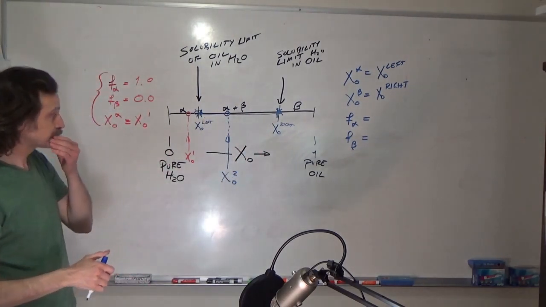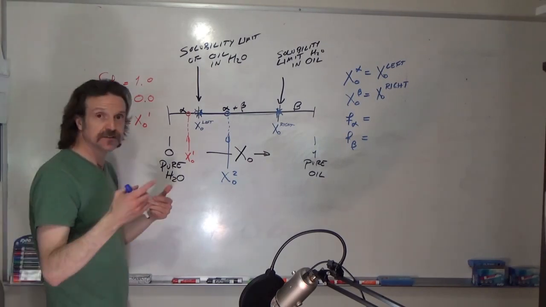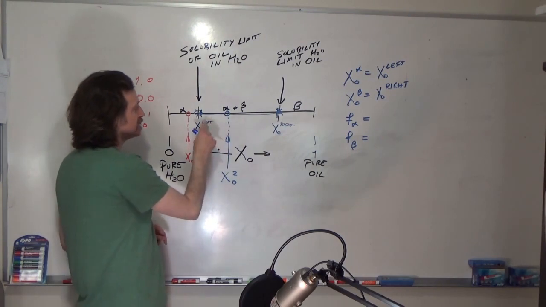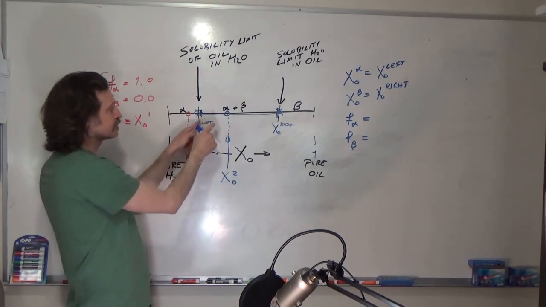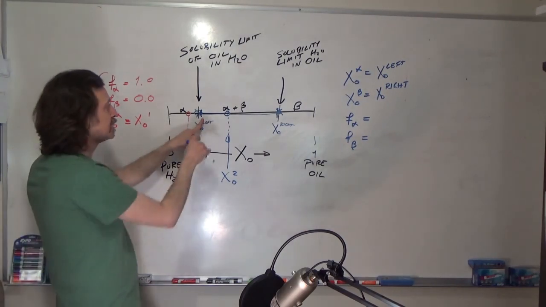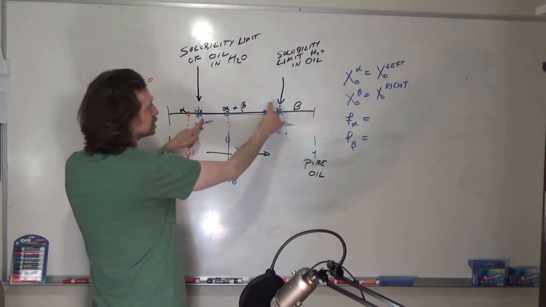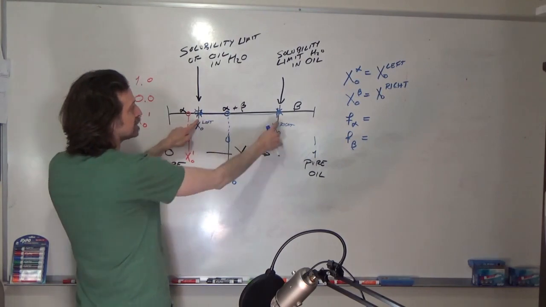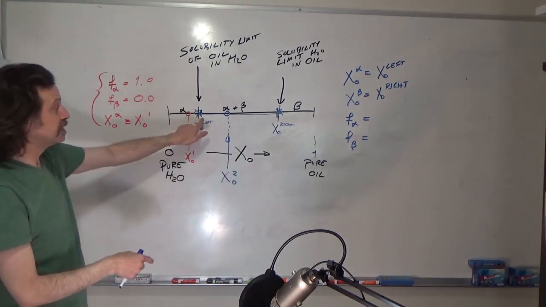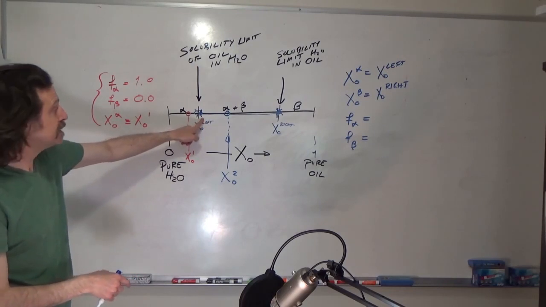So if we want to say that something is mostly alpha with a little bit of beta over here, well, that's going to be close to 1 or close to 100%. So that's going to be this long distance divided by the total distance. And if we said, well, what fraction of this is beta?